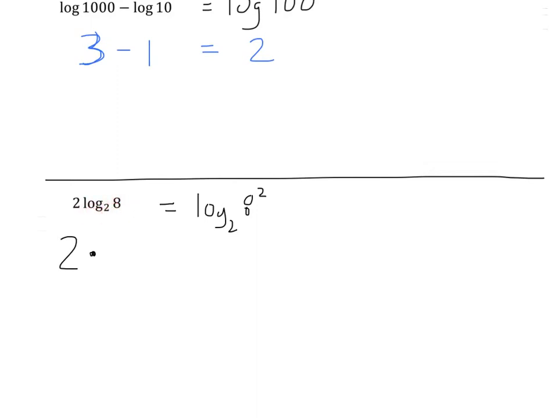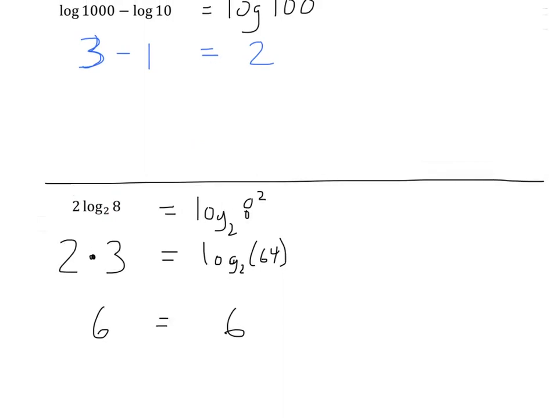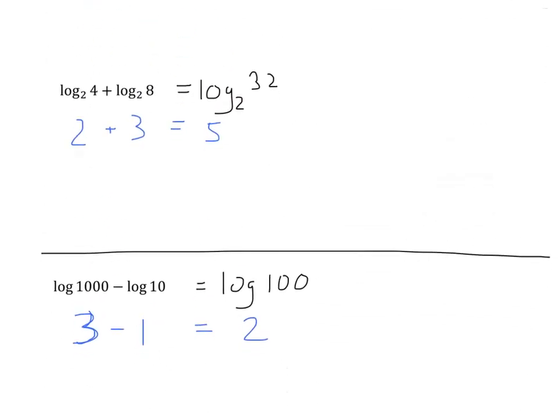So this is 2 times 3, which is 6. Is that equal to what we have on the right-hand side, log base 2 of 8 squared? That's the same thing as log base 2 of 64. And log base 2 of 64 is, in fact, 6, because 2 to the 6th power is 64. Again, I didn't prove these to you, but I showed you an example that these are, in fact, true.